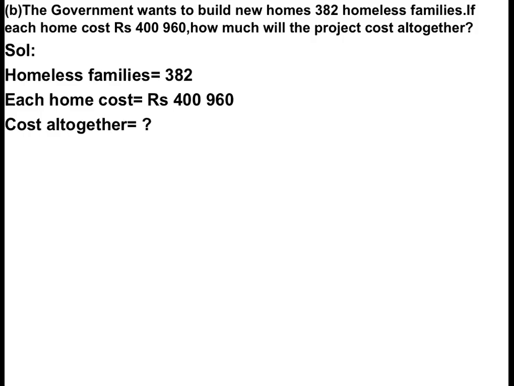If each home cost, अगर एक घर पे जो कॉस्ट है उसकी कीमत है 400,960, how much will the project cost altogether. एक घर की उन्होंने प्राइस हमें बता दी है, तो हमने कितने घरों की फाइंड करनी है? 382. So student, homeless families is equal 382. Each home cost कितनी है? 400,960. And now we will find cost altogether. Okay, very easy.